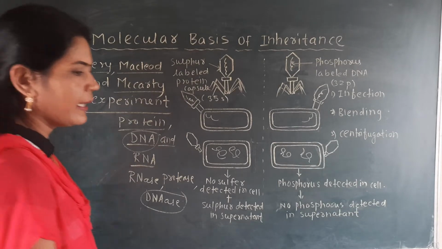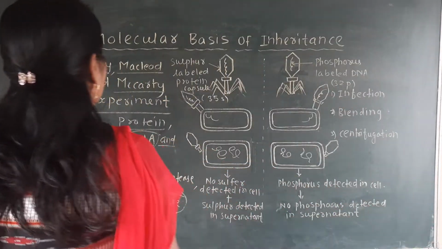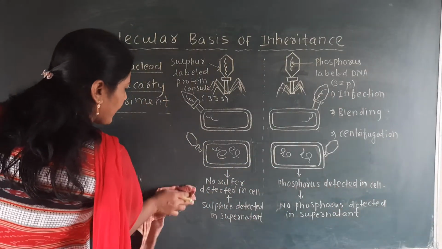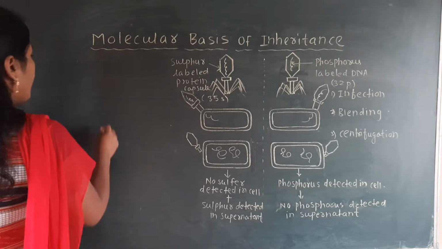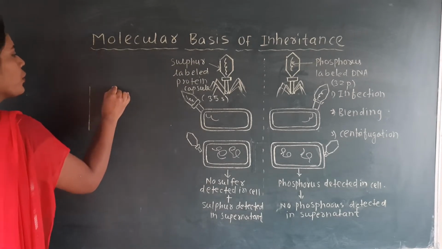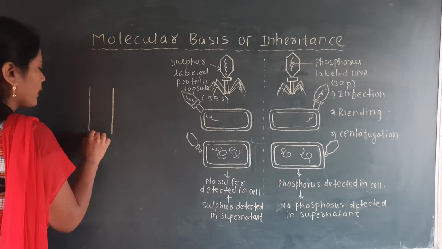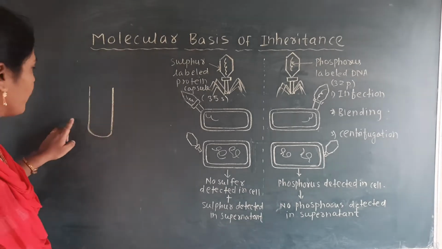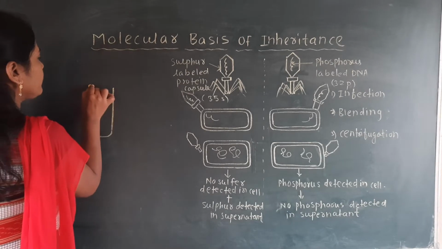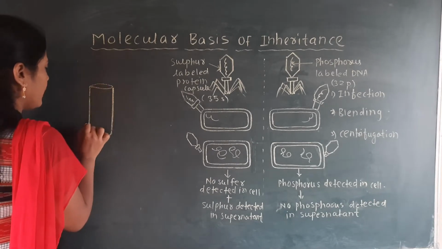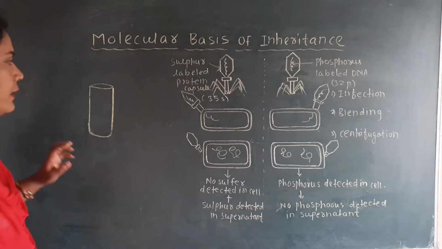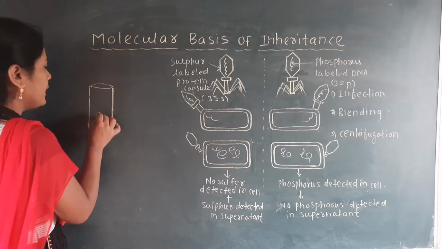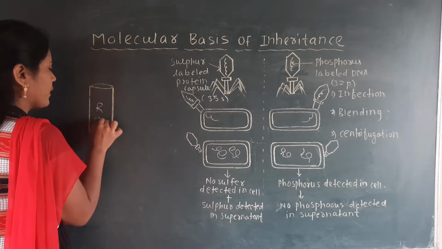What happened here? Avery, MacLeod and McCarthy took a test tube. In that test tube they kept the R strain.